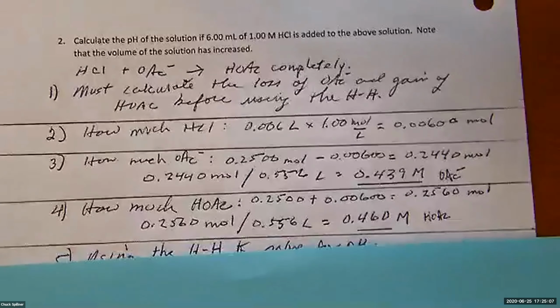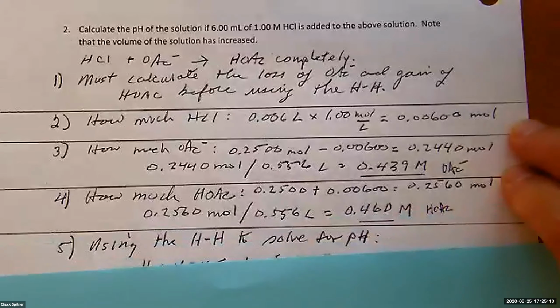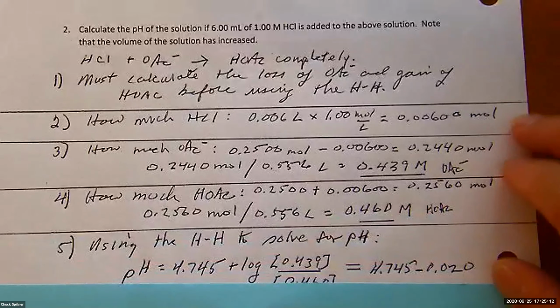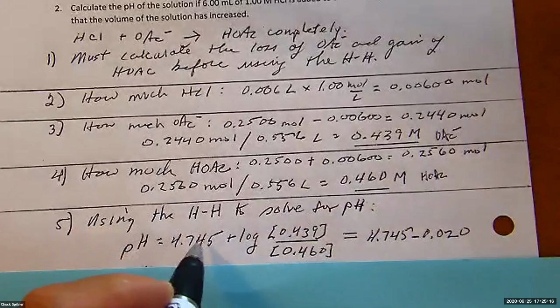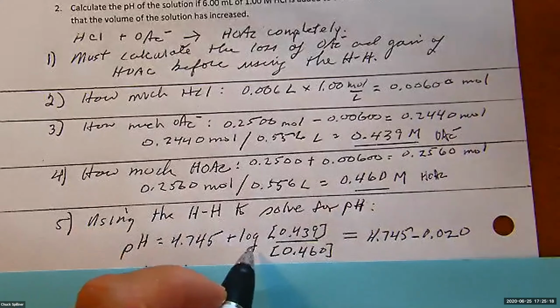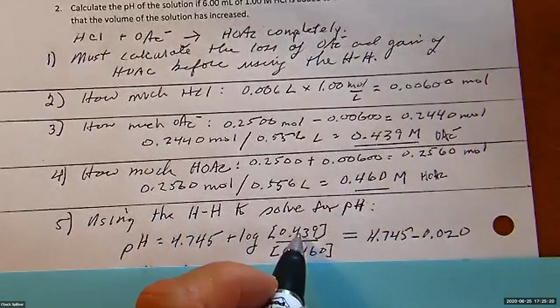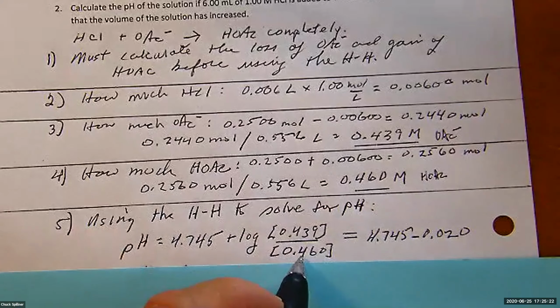So now we can plug that into the HH equation to solve for pH. Here's our pH equals pKa plus the log of the acetate anion divided by the acid: 0.439 molar up here, divided by 0.460 molar.